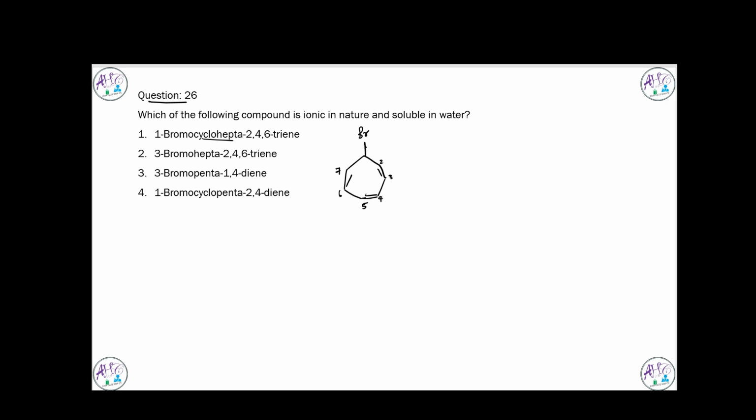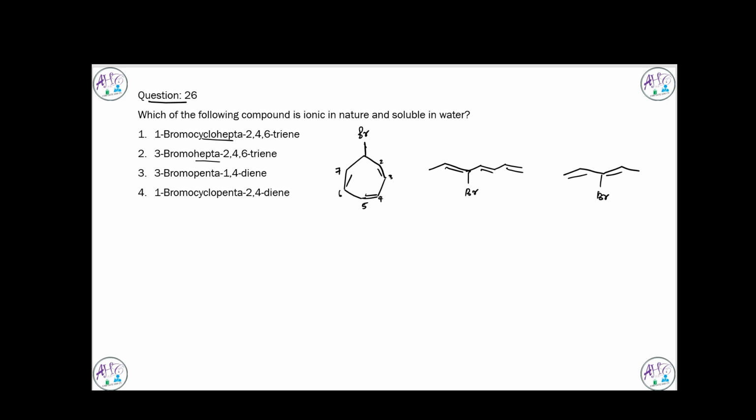The second structure is 3-bromoheptatriene, only heptatriene: 1, 2, 3, 4, 5, 6, 7, with 2, 4, 6 and 3-bromo. The third structure is pentadiene: 1, 2, 3, 4, with 1, 4 and 3-bromo pentadiene.